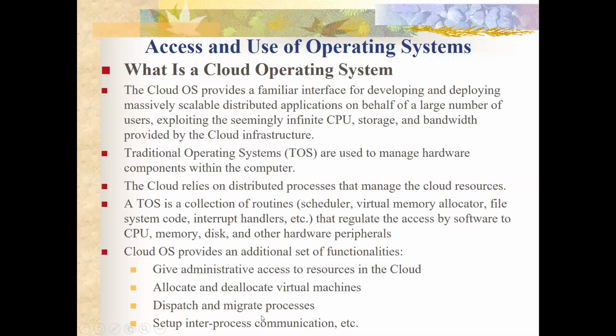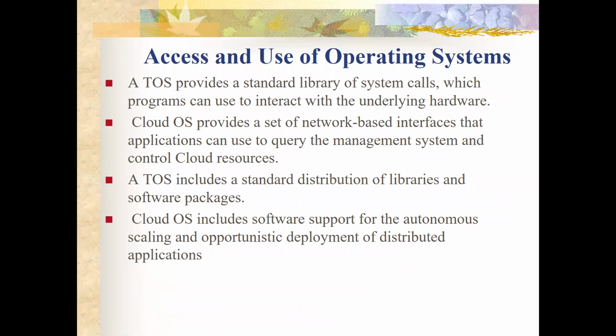Dispatch and migrate processes from one CPU to another. Set up inter-process communications. Here, I just briefly list a few; actually, a cloud computing operating system provides many more additional functions. A traditional operating system provides a standard library of system calls which programs can use to interact with the underlying hardware.